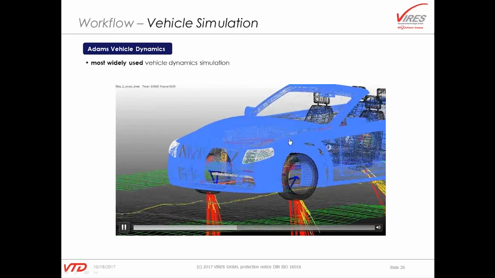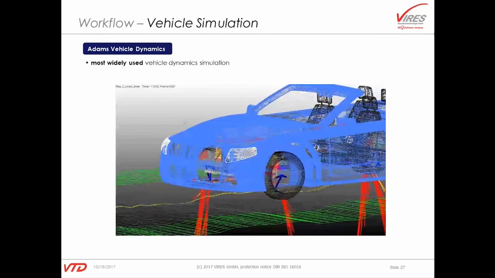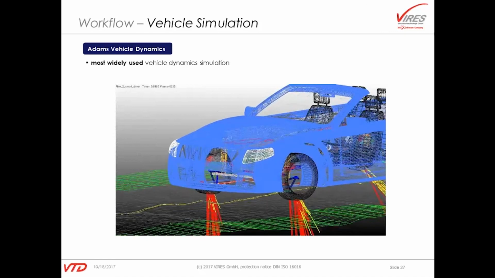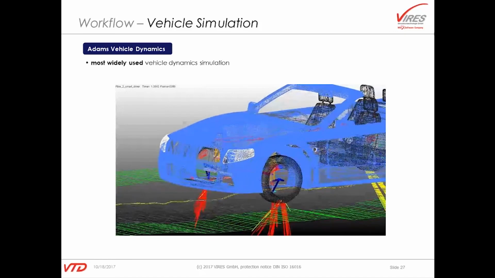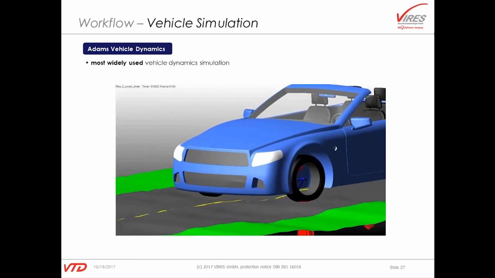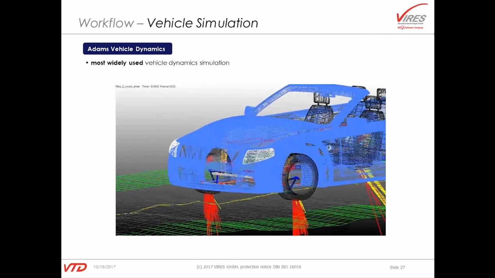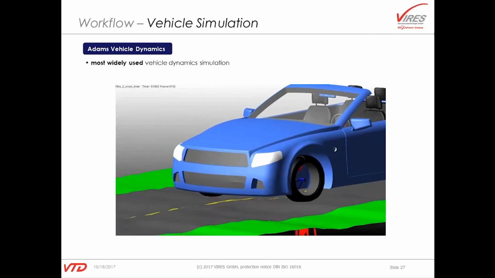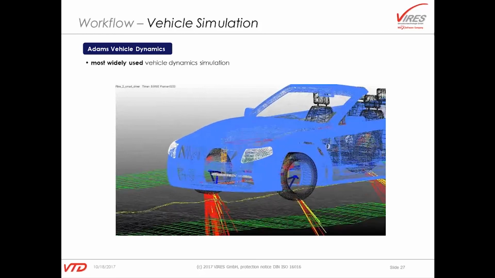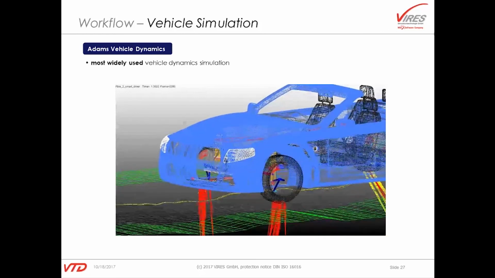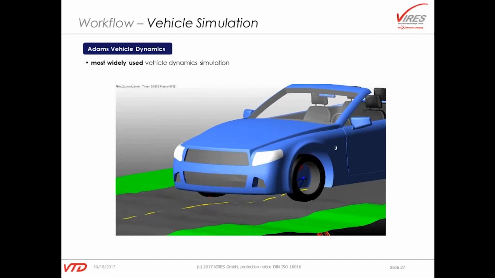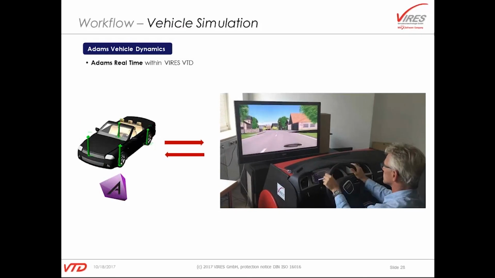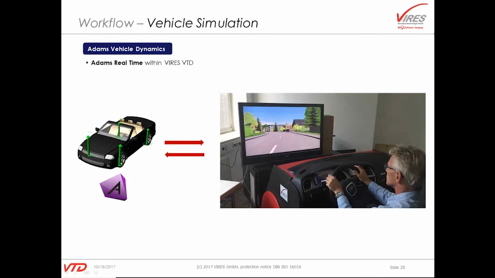Just for Adams real-time, this is an animation given to me by my Adams colleagues. Adams real-time means that you can have a highly accurate vehicle dynamics model. Adams is one of the most widely used vehicle dynamics simulation software tool suites in the industry, and it is proven to provide validated results when you compare it to reality. Here is another case showing our synergies with Adams and with MSC.